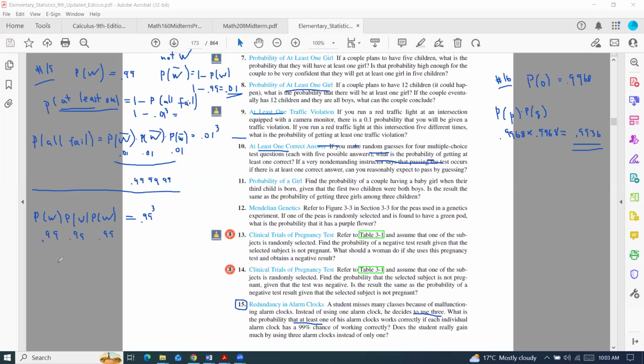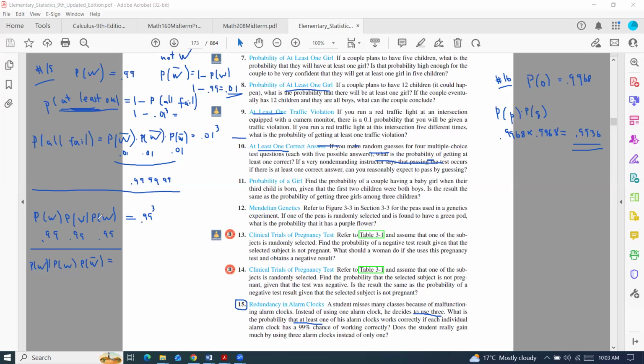But this is not just the case because it could be when the first worked and the second worked, but the third alarm did not. And the student still has woken up and still made it to the exam, but one alarm clock is still no good. But it doesn't really matter because they want at least one to work, you see?